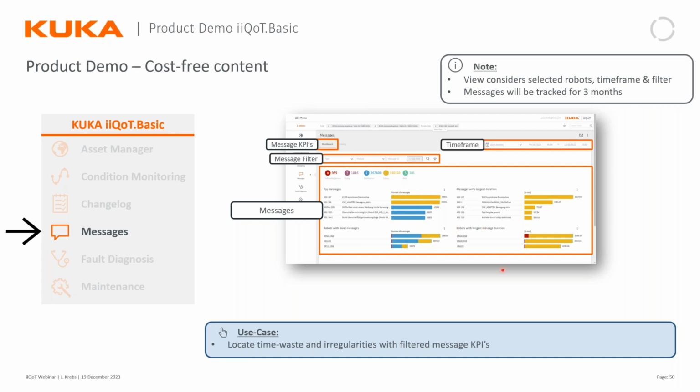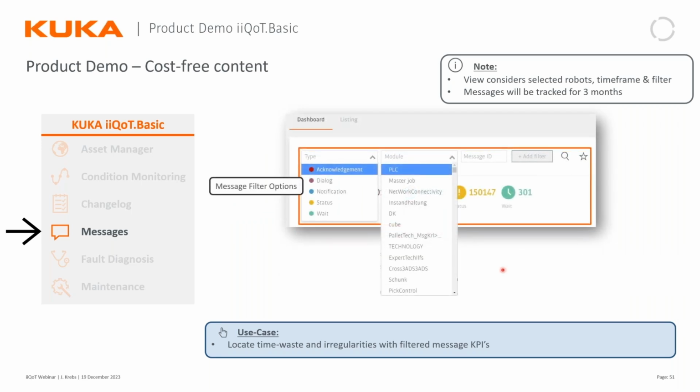As I said, the time frame is here, and I can also set up some notification rules. For the filter itself, we can select the type of message we want to look at. We can select the specific module we want to look at. If we do know the message ID, of course, we can also look for that.